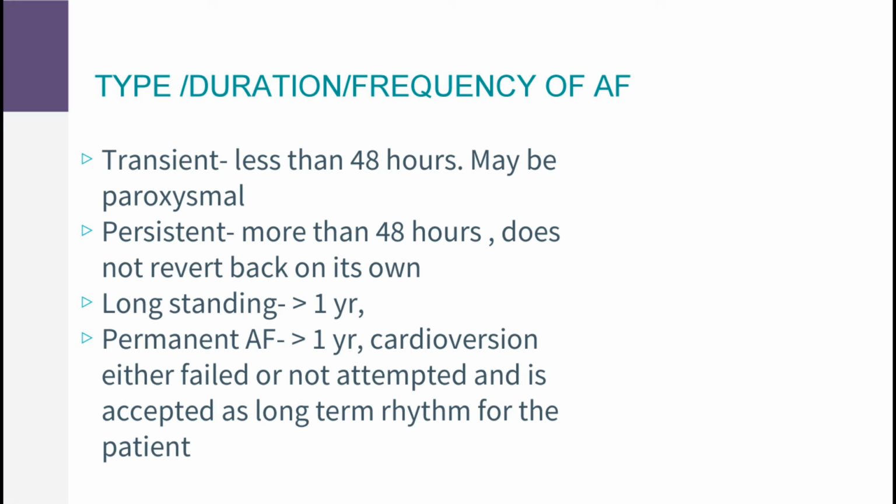Episodes lasting longer than 48 hours and not reverting on their own are known as persistent AF. Atrial fibrillation lasting longer than 1 year could be either termed long-standing if it has been decided to treat them, or permanent AF if it has been accepted as a long-term rhythm for the patient.